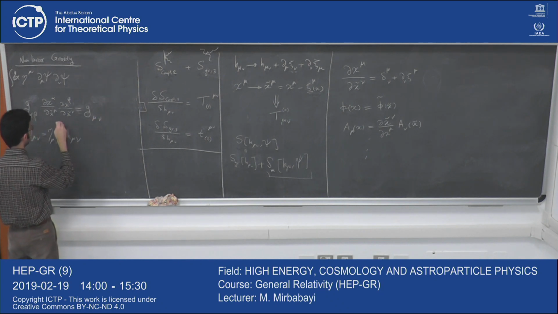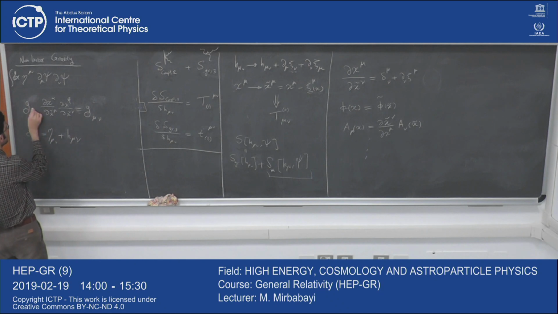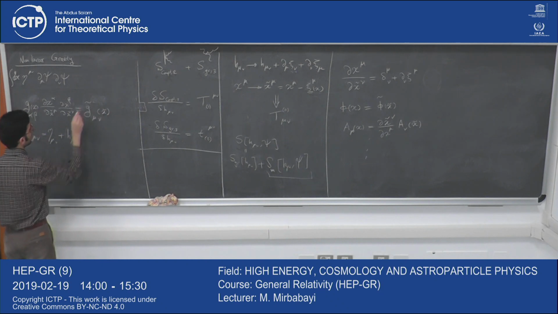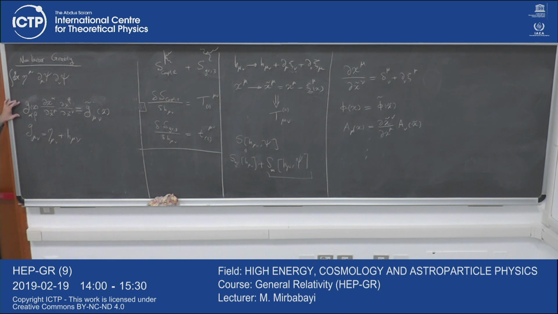Here this is at point x, this is at point x tilde. Well, you can verify this equation. Say if h is small, I can verify this equation at, say, zeroth order in H mu nu.